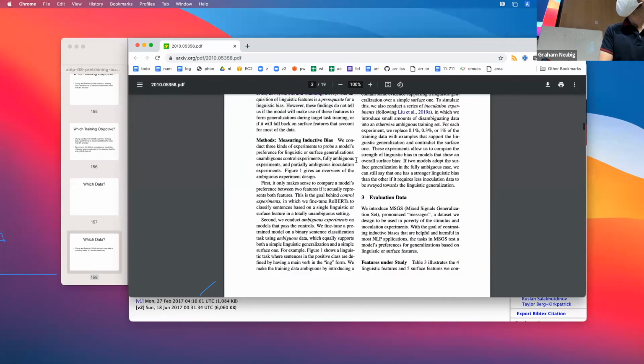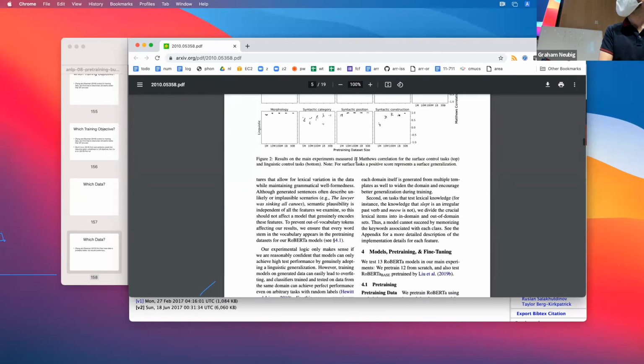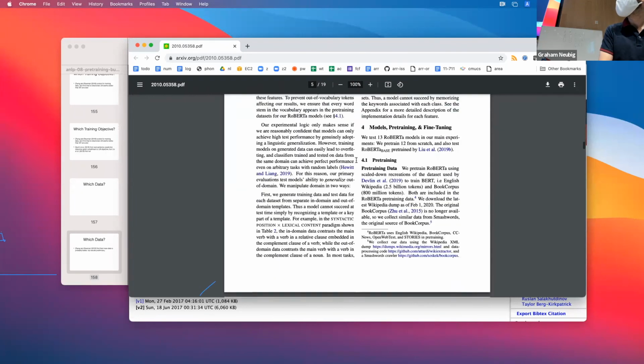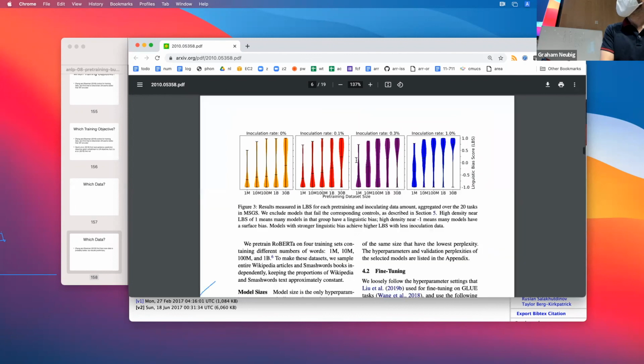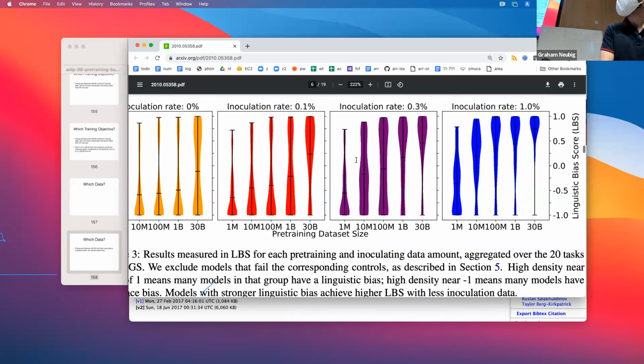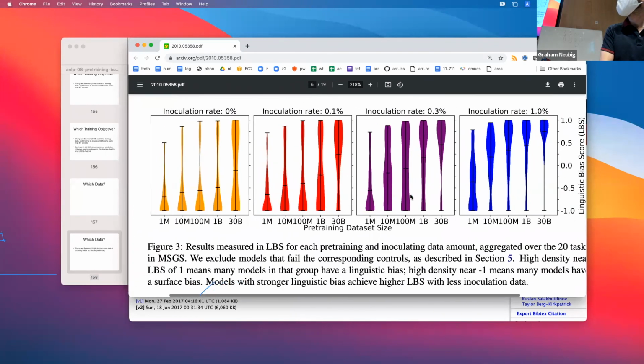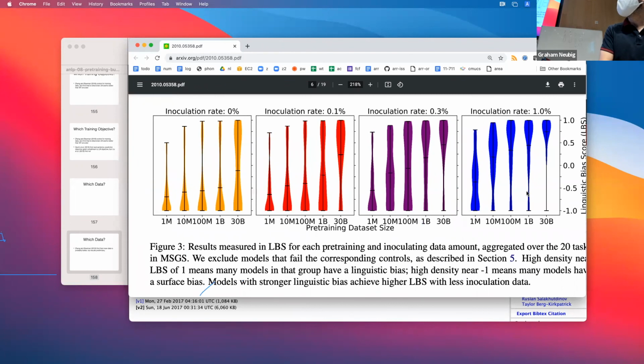They have a comparison over different data sizes where they do some controlled experiments that show that as your training data gets larger, the model learns to generalize better. We're out of time, so I won't go into the details of this experiment, but there are some examples of controlled experiments where you control for the size of training data and things like this.